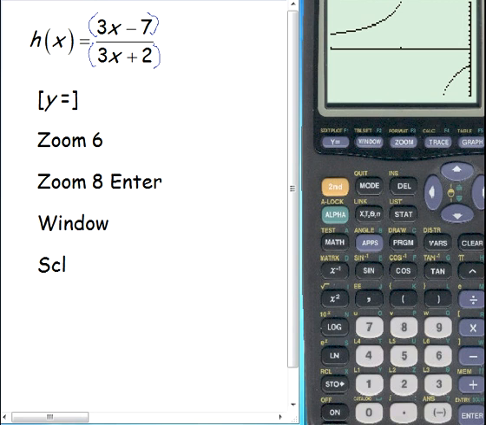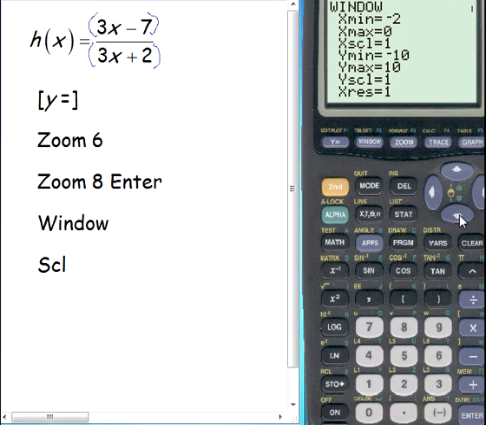I'd like to go up higher. Let's go to 50 and down to negative 50 and see if we can tell a little bit more about this graph. Let's go back to window. Let's go from negative 50 to positive 50.